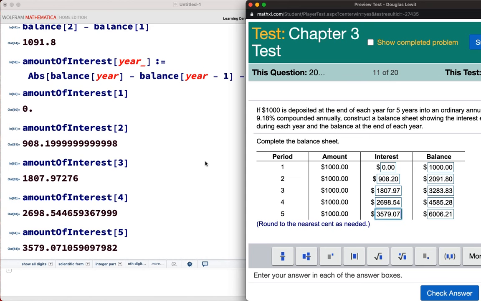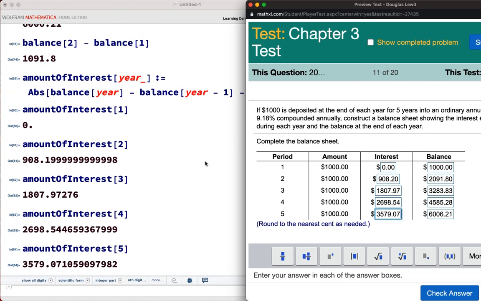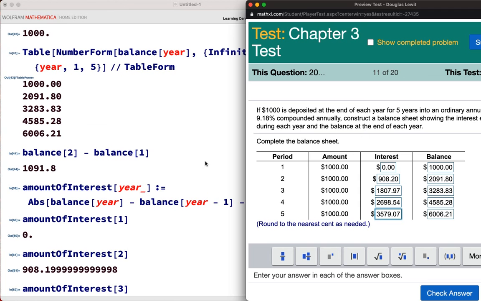So something is really, really off. So, yeah, one second. For the first period, we have $1,000. For the second period, like $2,091.80.